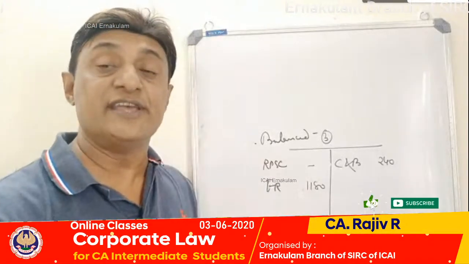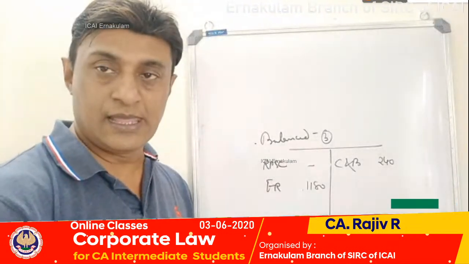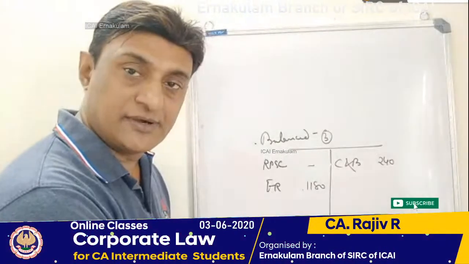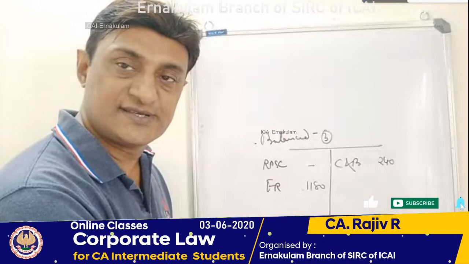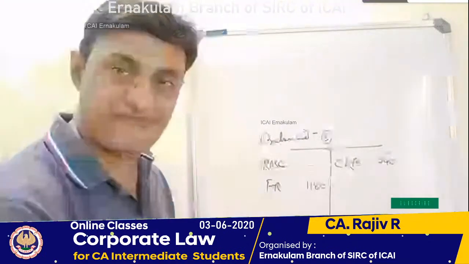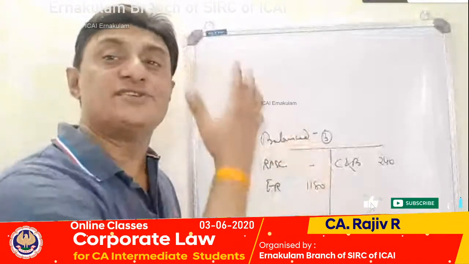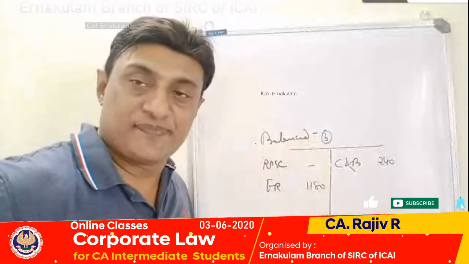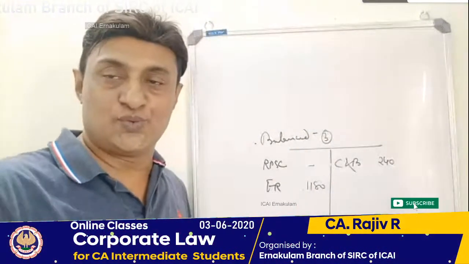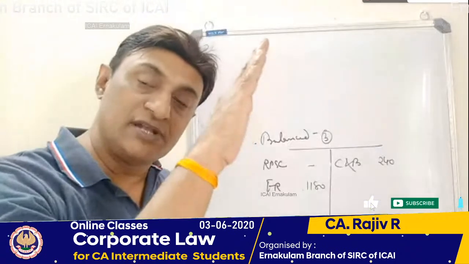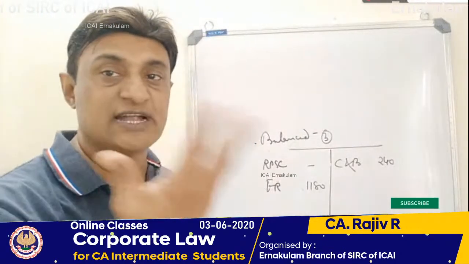If that journal entry is not required to be passed and if company law does not prescribe for that, the people at the bottom here, that is the creditors, will have a problem because the leverage of the company is increasing. The company's debt equity ratio will leap up, it will skyrocket. And they will start asking their money back.